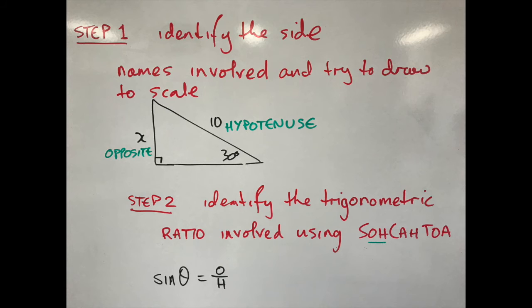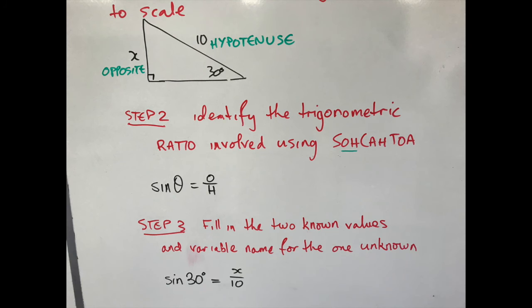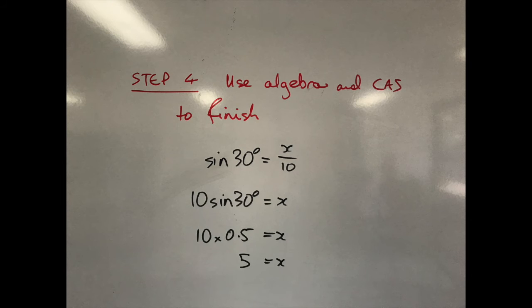I always start by writing out that ratio, sine theta equals opposite over hypotenuse. And then I need to fill in the 2 known values, the 30 and the 10, and I need to fill in also the name of the unknown value, the x. From here, it's a matter of doing a bit of algebra and using your CAS to finish that off.